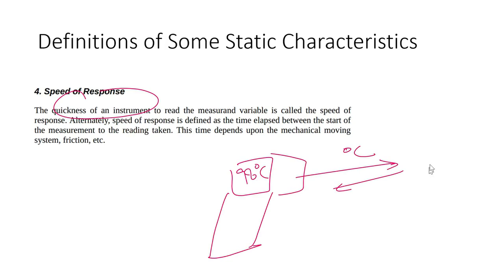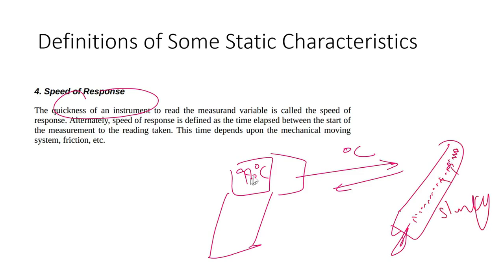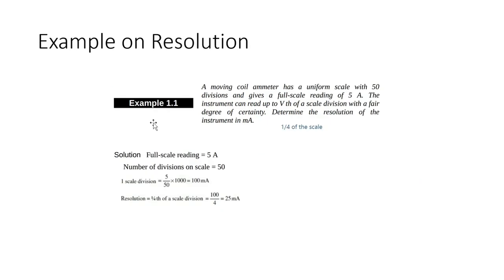But if we use a thermometer instead, it will go from room temperature to that reading and slowly give us the reading. So this explains the phenomenon that the speed of response can differ from instrument to instrument.